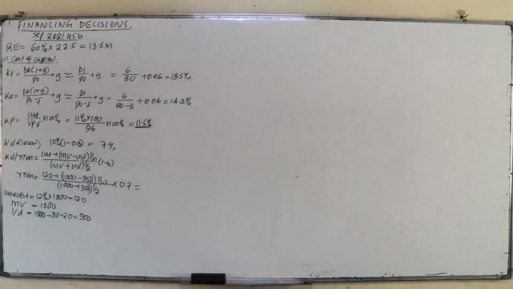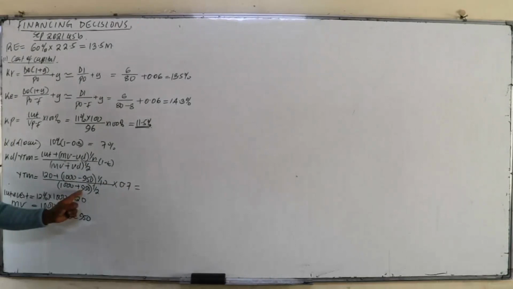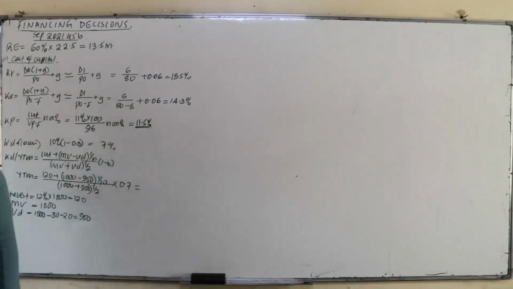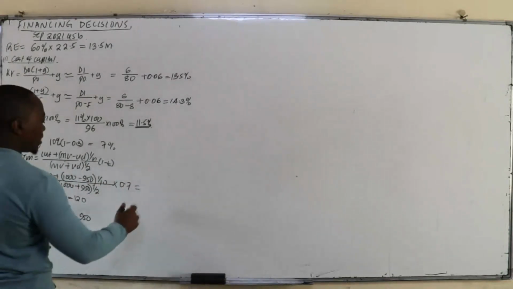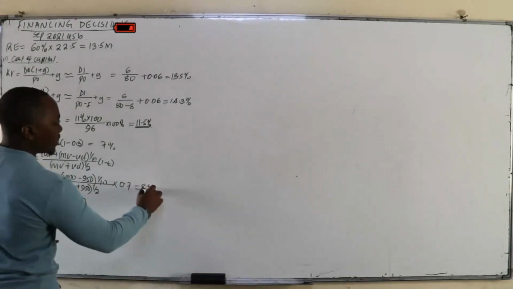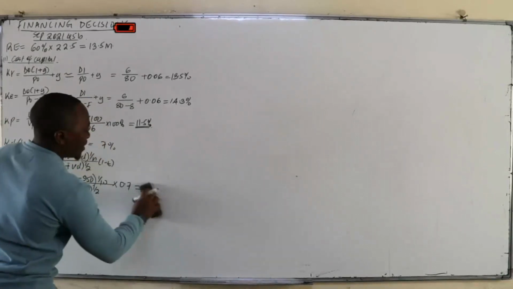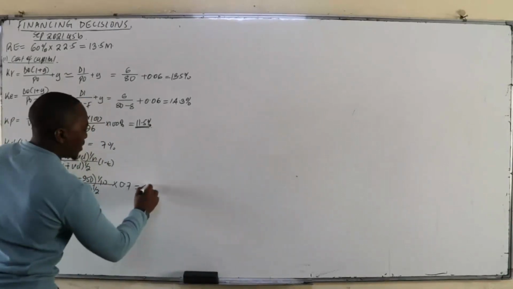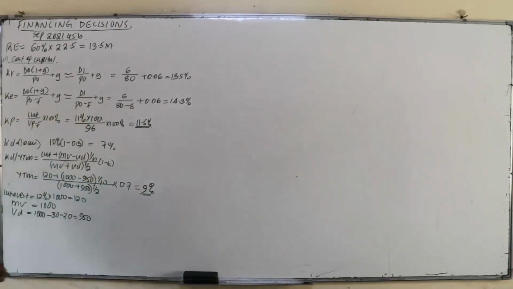Good. So take 1950 divided by 2, which is 975. 125 divided by the answer, times 0.7, times 100%. You get 0.97, which is approximately 9%. Let's work with 9%. As simple as that.